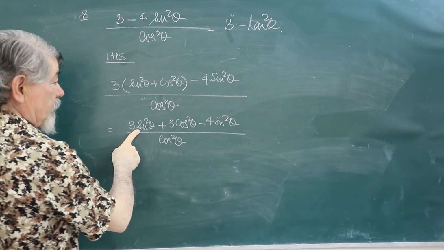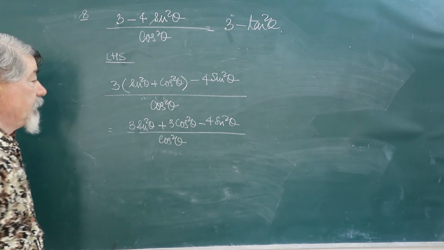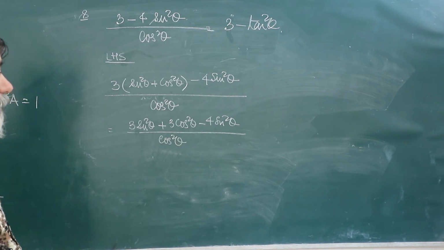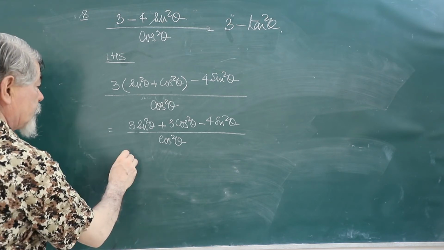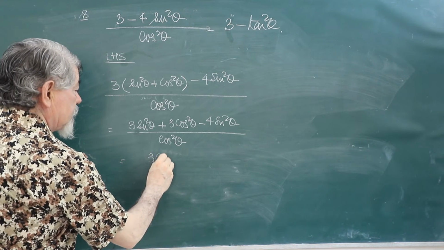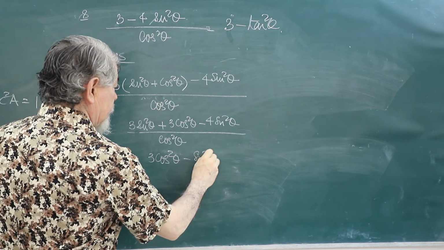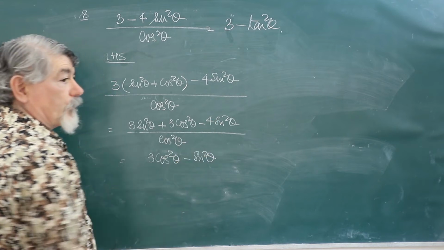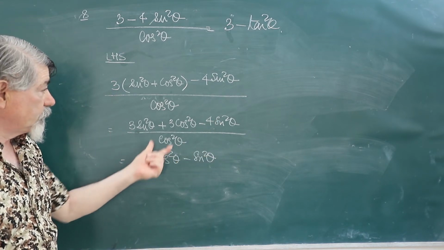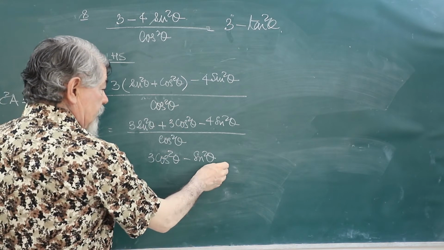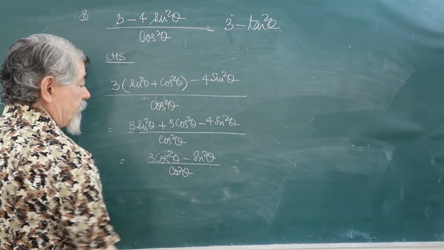Now 3 sin square theta is here and 4 sin square theta is there. So what will we get? We will get 3 cos square theta minus sin square theta. 3 minus 4 is minus 1. So I have got 3 cos square theta minus sin square theta. I will divide it by cos square theta.